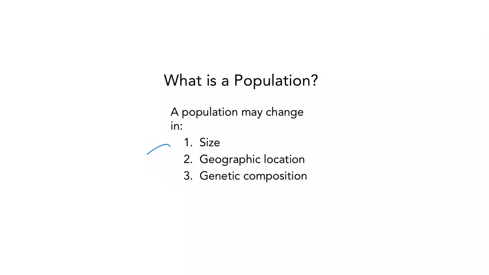Their geographic location can shift, and I'm not necessarily talking about large movements, but even small movements can have huge impacts on populations. And then ultimately, the genetic composition can change. We'll talk about some other ways that you can manipulate the genetic composition via selection and migration, but size and location can also have a big impact on the genetic composition of a population.